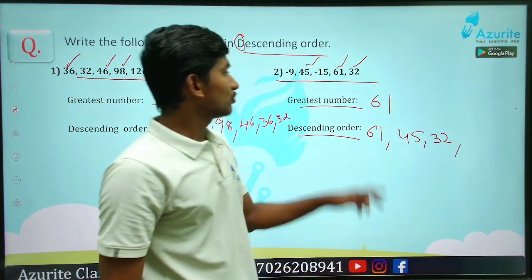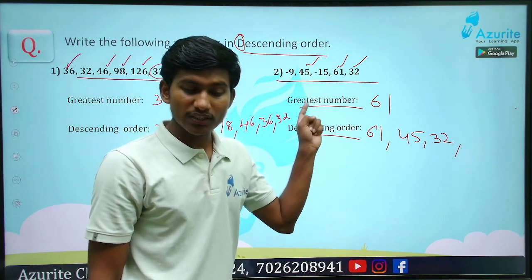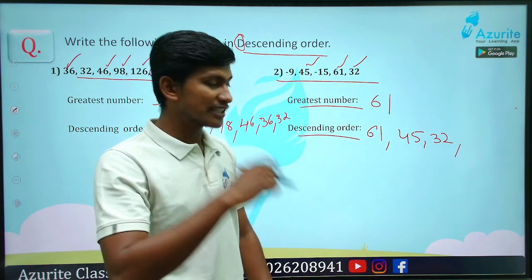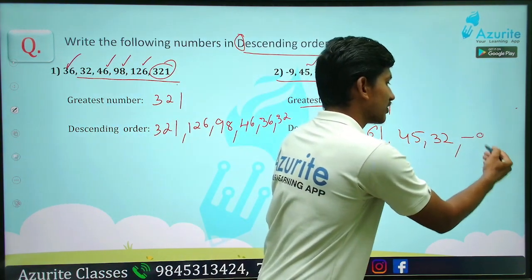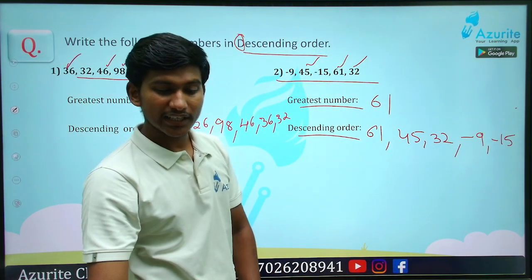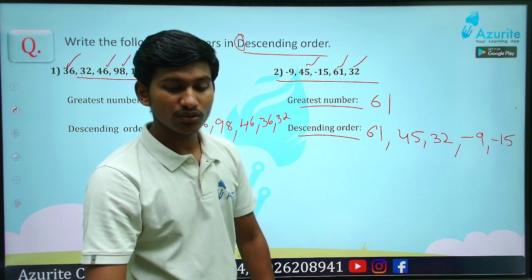Now minus 9 and minus 15: which is bigger? Minus 9 is bigger. In the negative it will be reverse, so minus 9, after that minus 15. Got it? In the negative, how to do? Okay, good.